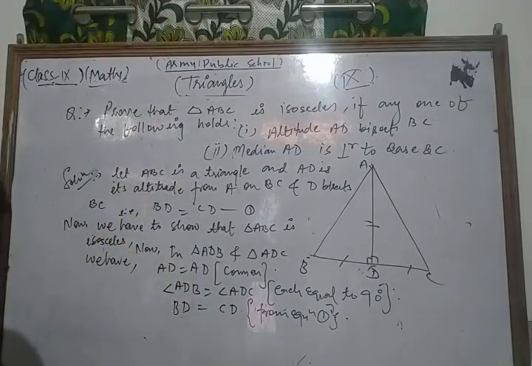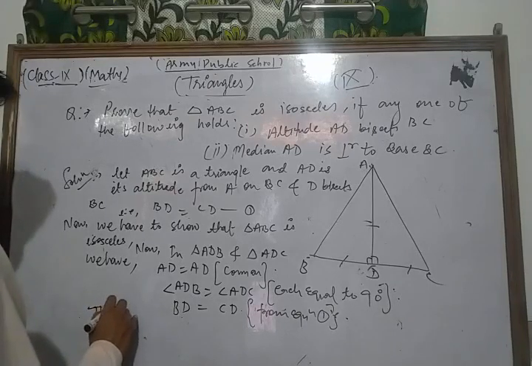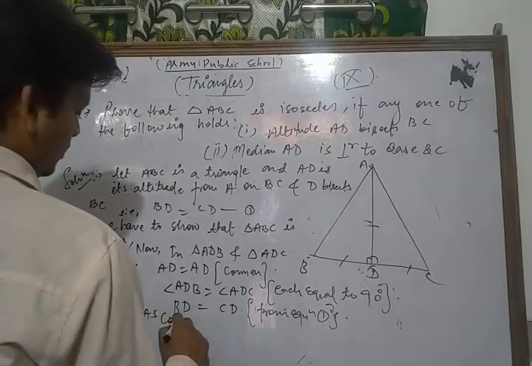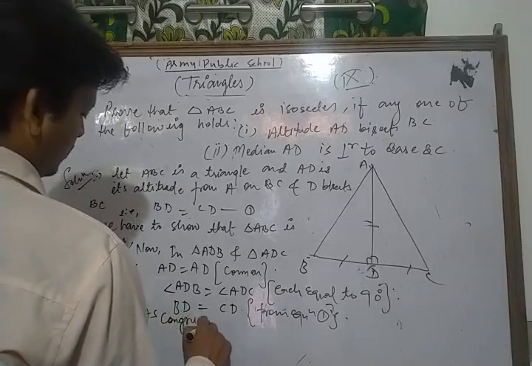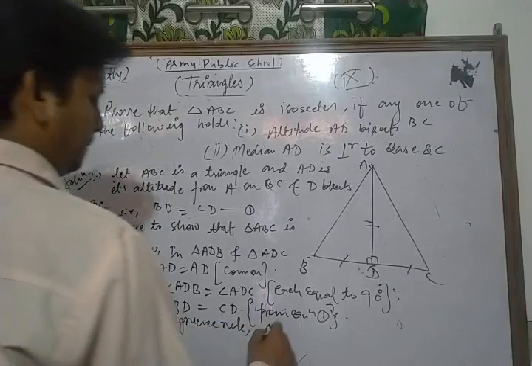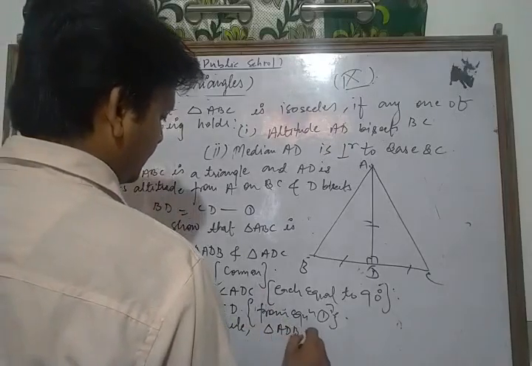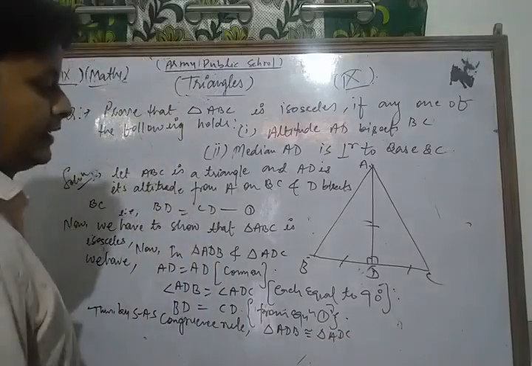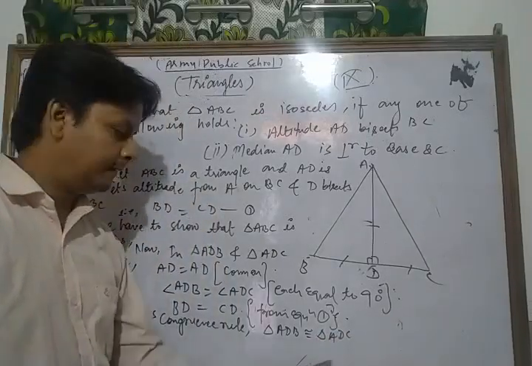Thus by SAS congruence rule, triangle ADB is congruent to triangle ADC.